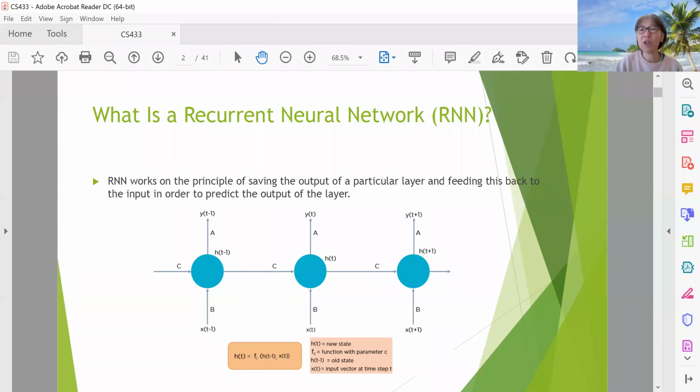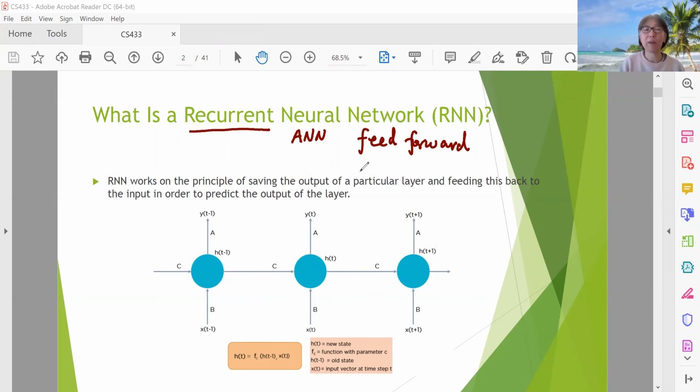So the first is about the concept of the RNN. R represents recurrent neural network. If you recall ANN, the artificial neural network, generally speaking, the neural network we learned previously is a feed forward neural network.